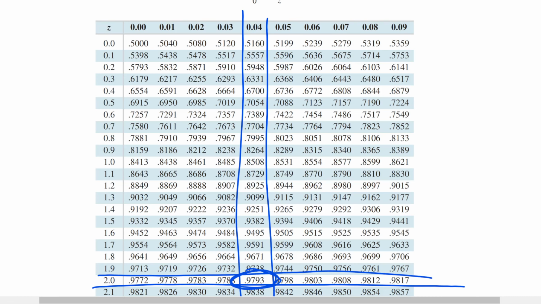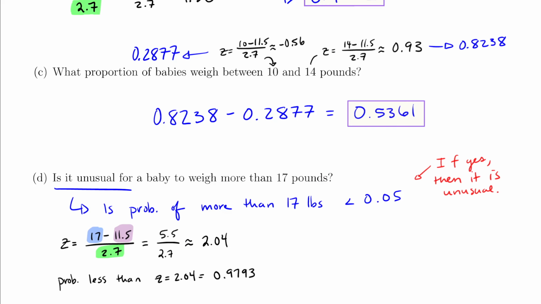So looking at the chart for a z-score of 2.04, the area before that, to the left or less than that, is 0.9793. So that's our probability less than. We actually cared about more than. So we take 1 minus the less than number.